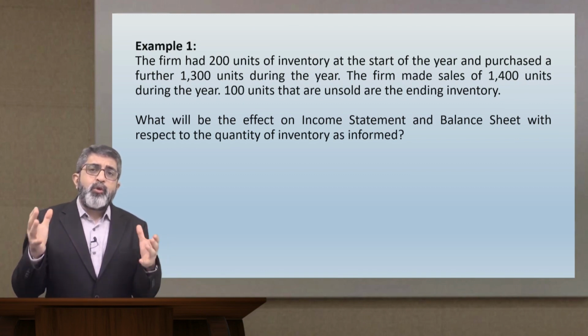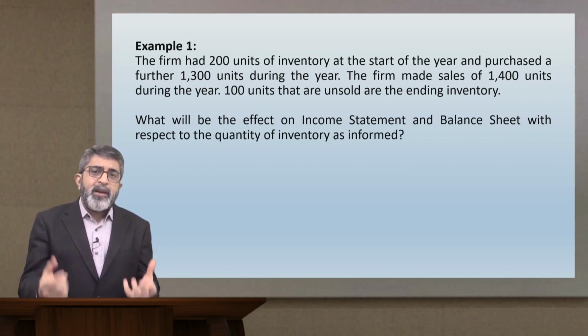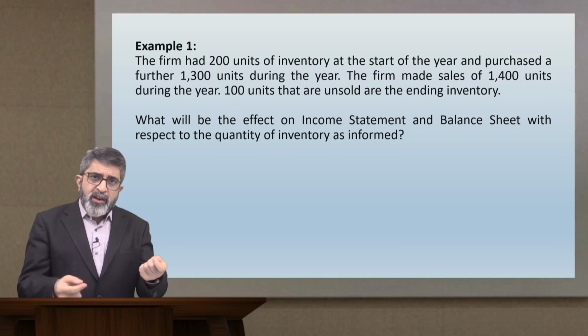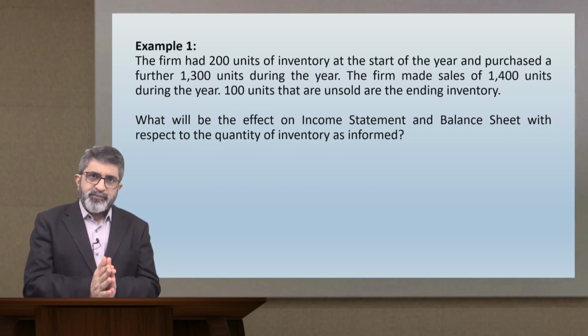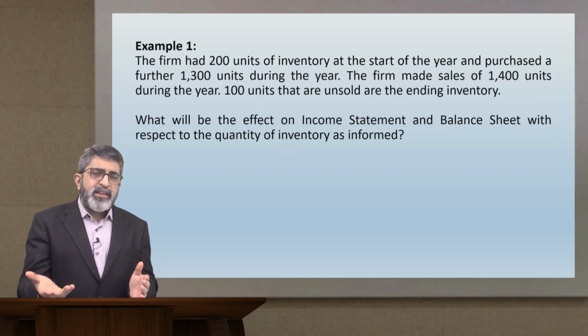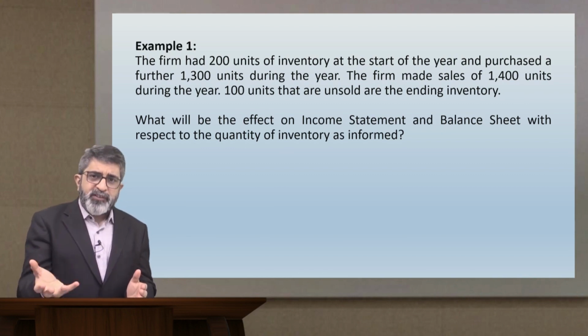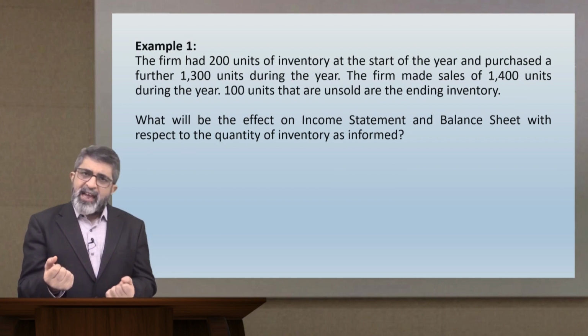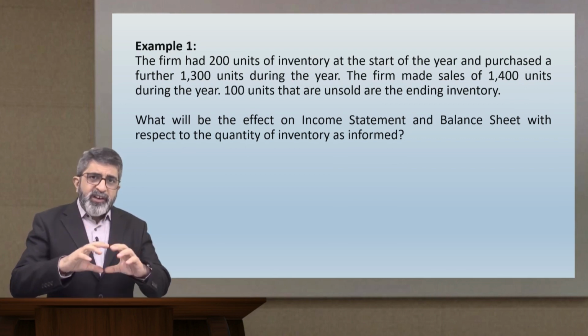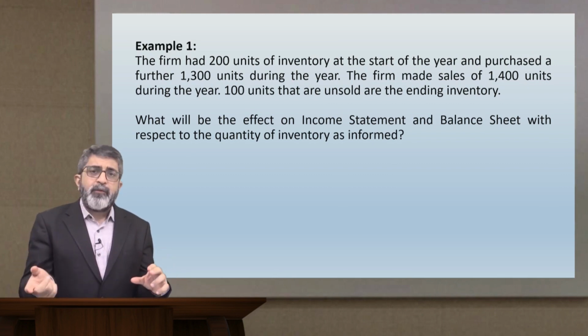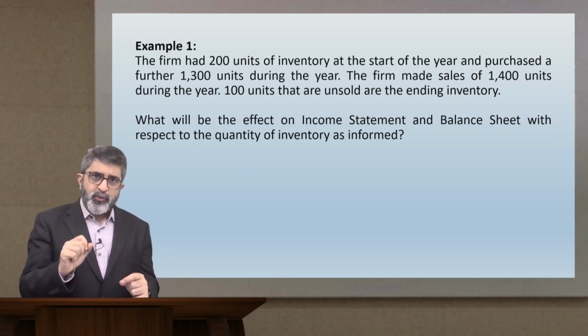So the total quantity available for sale becomes 200 plus 1,300, that is 1,500 units. Out of these 1,500 units available for sale, the actual sale that has happened is 1,400 units. So obviously the units that were lying unsold by the end of the period were 100 units.